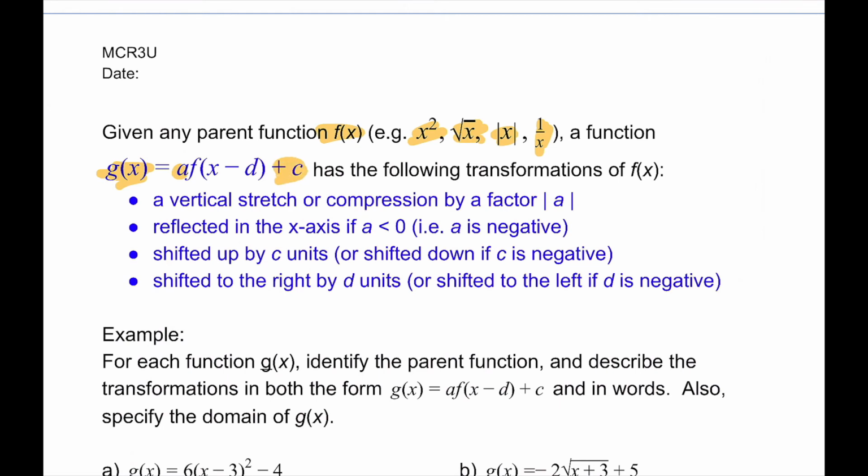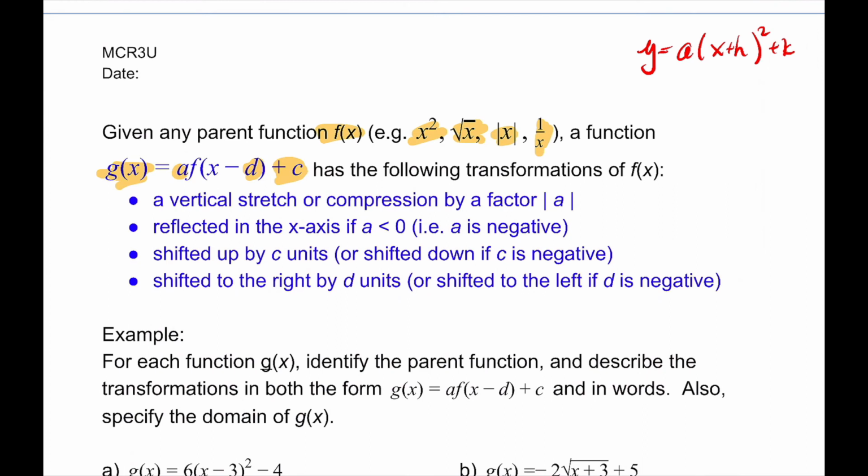So we're given this attribute, I call them attributes a and c. But inside our function, we could also add or subtract something to x as well. So this is what the d is. So going back to what we did with quadratics, you might recognize that, well, in vertex form, and I believe at that time you might have been using h and k, right?